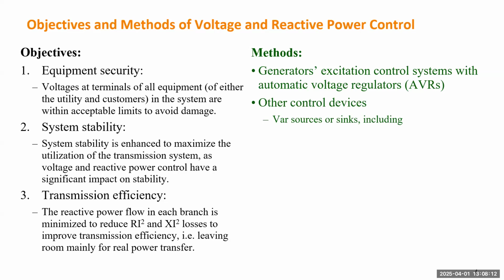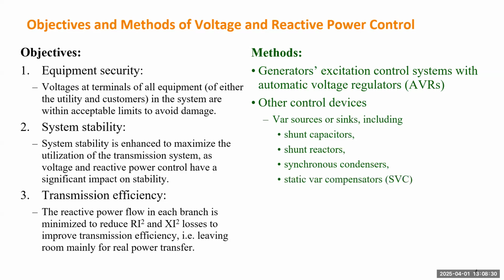Sinks means they can absorb extra VAR to mitigate high voltage, such as shunt capacitors, shunt reactors, synchronous condensers. A synchronous condenser is basically just a synchronous machine, not generating any active power. Static VAR compensators and static synchronous compensators, STATCOM. So we'll talk about all of them later.